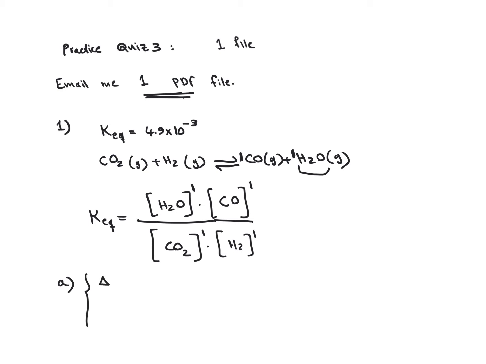One of them was delta G of reaction, which is delta H minus T delta S, and we talked about enthalpy and entropy, and also K equilibrium, remember?